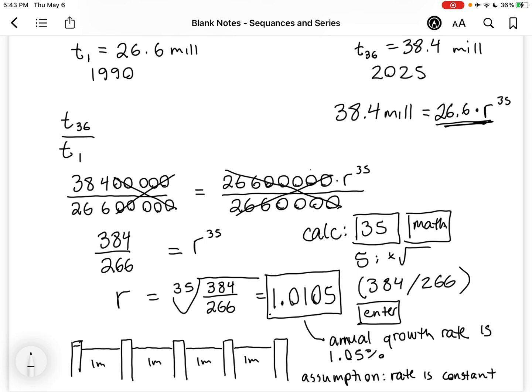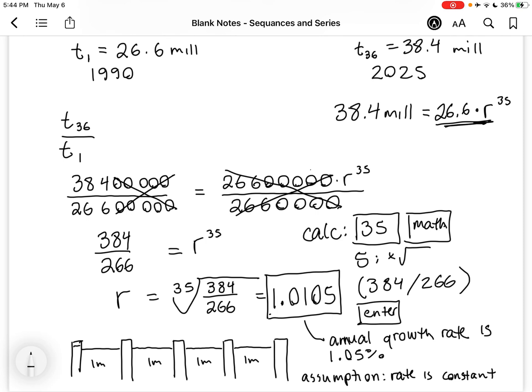For example, a lot of people are waiting a lot longer to have children or having fewer children because it's a lot more expensive these days to live. People can't support as many kids as they once were able to, so people may not have as many children, and then our population might decrease, for example. That would be one example of an assumption where the growth rate is constant and it might not be for population growth.